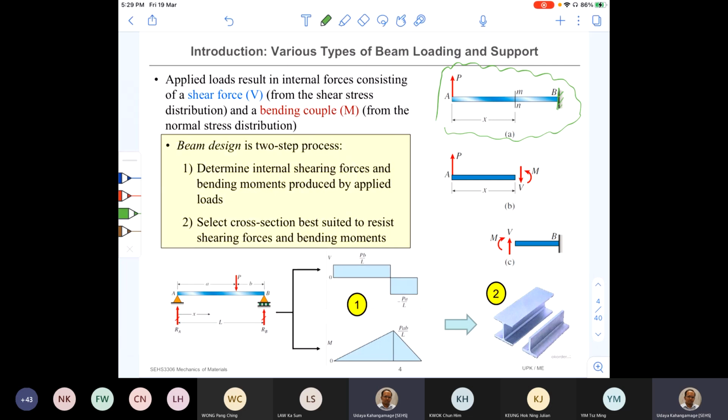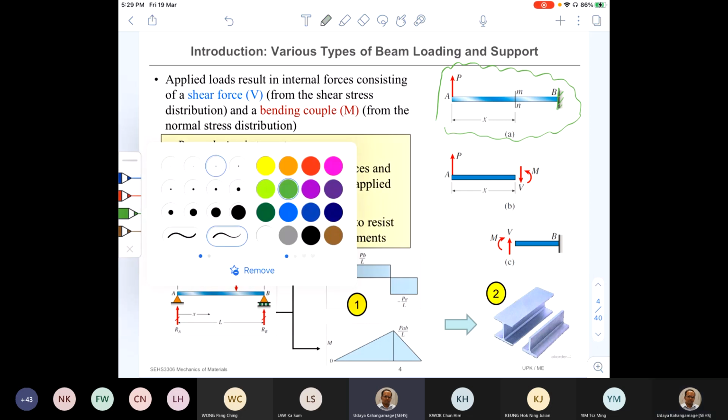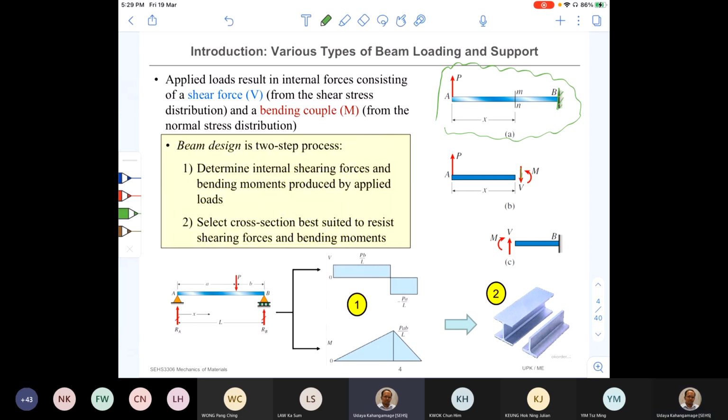One is this shear force, V, right? And I mark this shear force direction strategically. I will tell you why I mark it in that direction. Okay. And the bending moment M is to resist the couple created by P and V together, right?